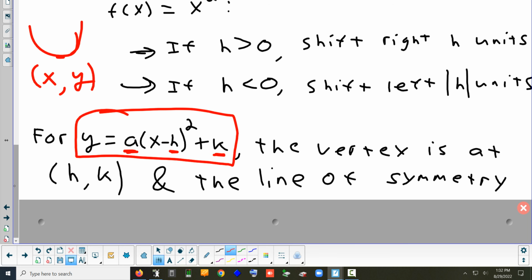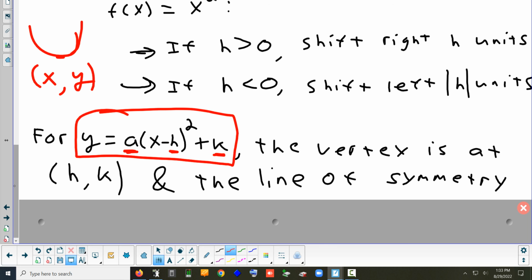Now, how about the line of symmetry? Think about the transformations. One of them wouldn't affect it at all. Does shifting left and right affect the line of symmetry, or up and down? One of them doesn't matter. Yeah, go ahead. Dennis?